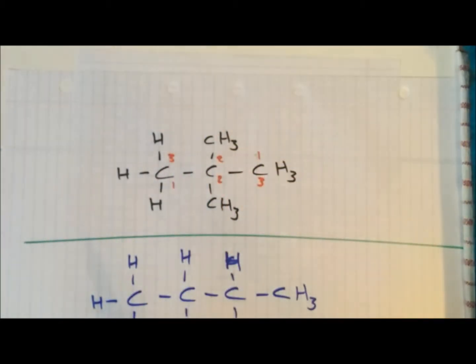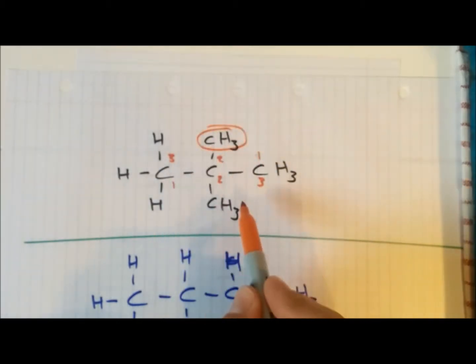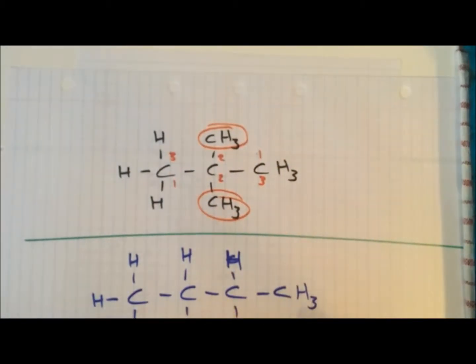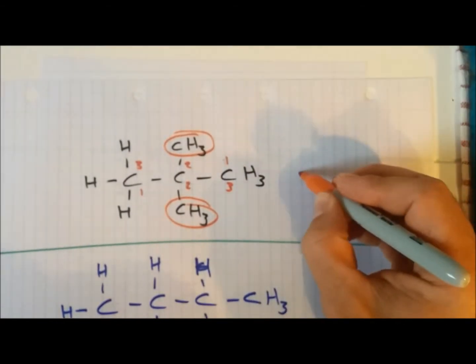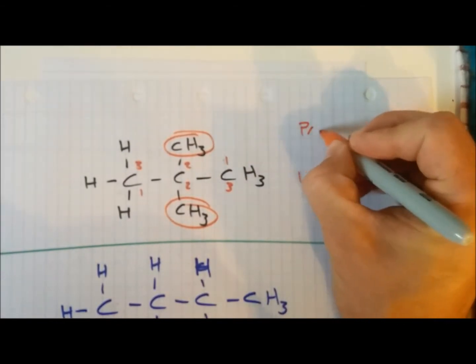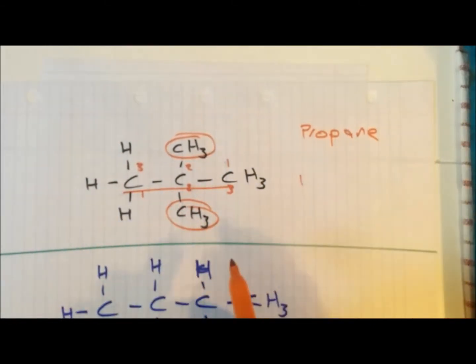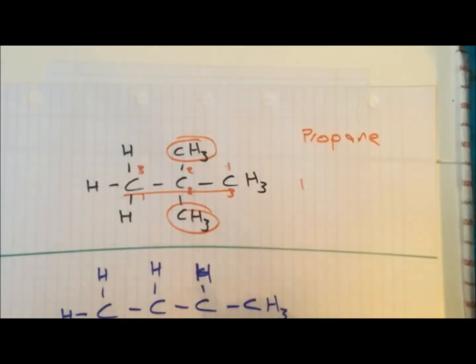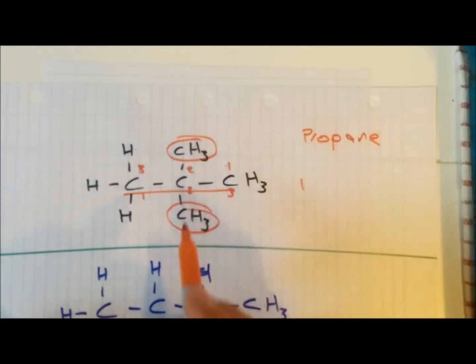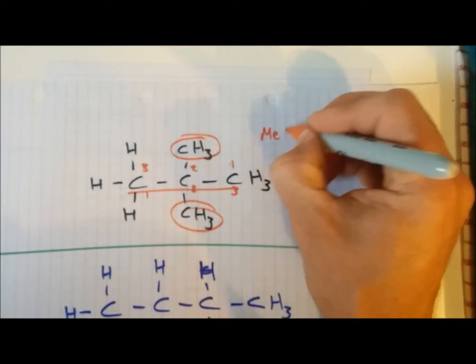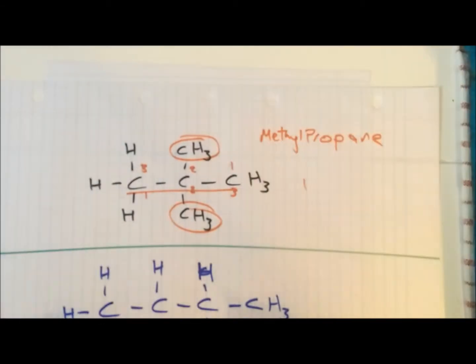If you look at this, the side chains are on the second carbon, so that's not going to make any difference. So we'll name this as propane, because that's what the long chain is. And then we've got 2 single carbon side chains, so that will be methyl.